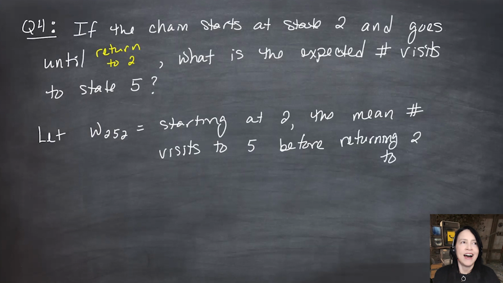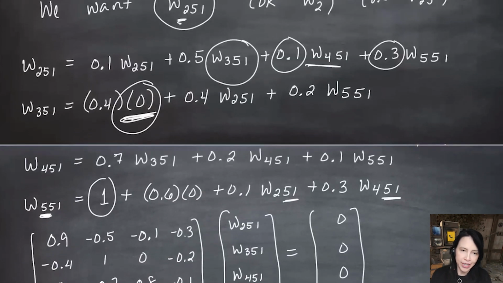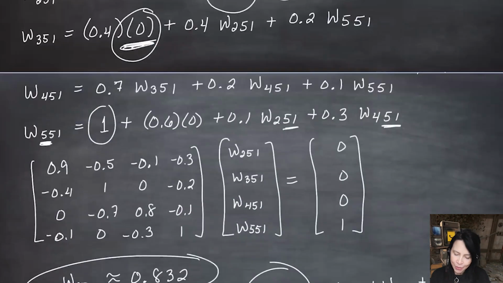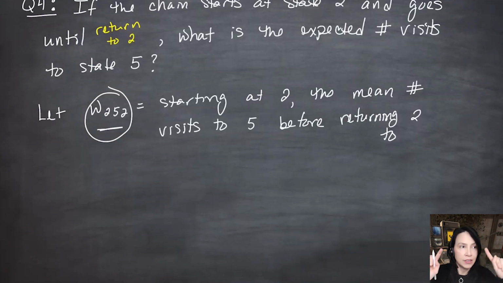And if I want to use this kind of notation, I definitely need to put zeros in the right-hand side of the equation whenever appropriate, because I want to find this W252, and I'm allowing only 1 departure from 2.